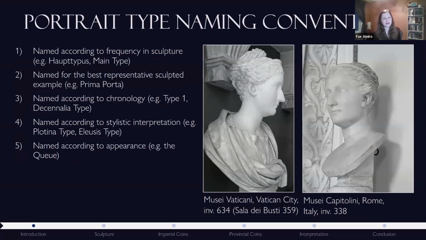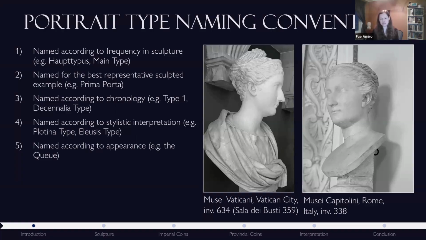There's no perfect method. Numbers 3 and 4, I think the potential issues are fairly self-explanatory, right? Naming them chronologically, as well as naming them according to a stylistic interpretation. These are conventions that, if you are correct, are great. But of course, if there's disagreement, or if maybe a new portrait type that dates earlier is discovered or something like that, now the numbering is off.